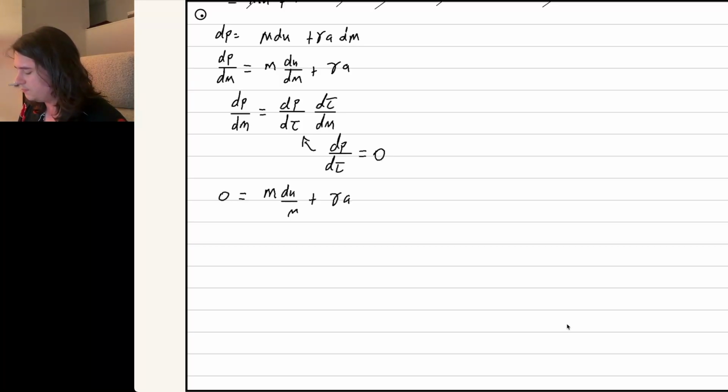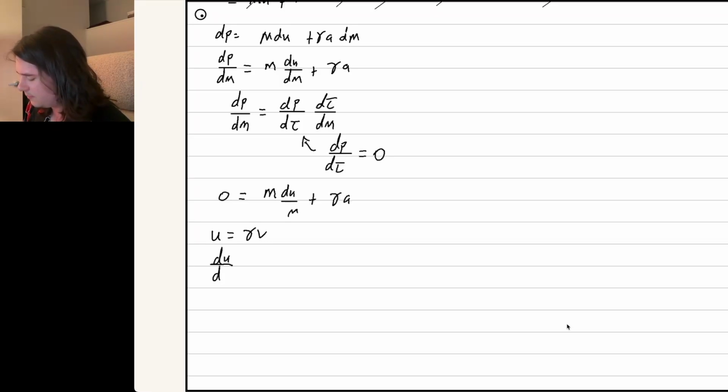But we have to do a nasty differentiation, which is du/dm. In special relativity, u is just gamma v, but gamma is not a constant. It's also going to have a derivative.